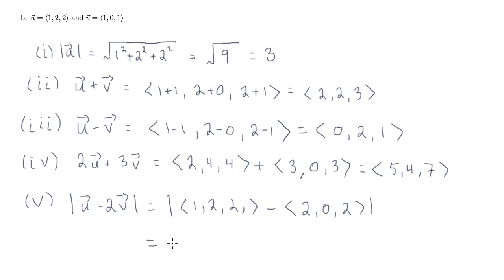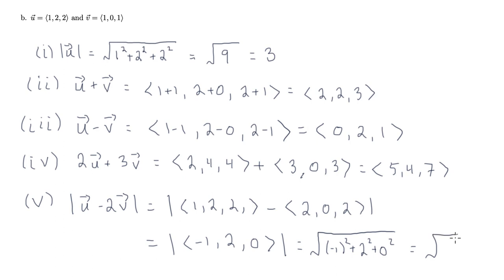But this is the length of minus 1, and then 2, and then 0. But this is just the square root. Once we have it in component form, it's just the square root of the sum of the squares of the components. So minus 1 squared plus 2 squared plus 0 squared. But that's just the square root of 5.